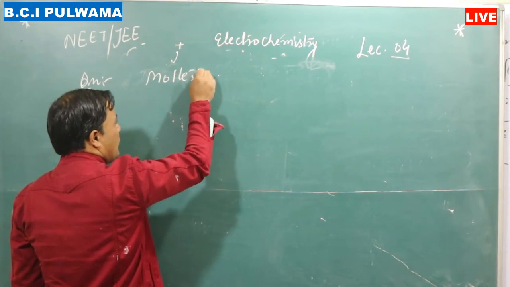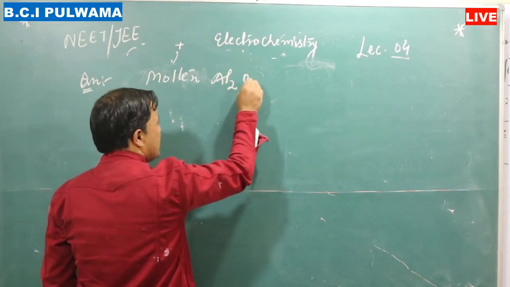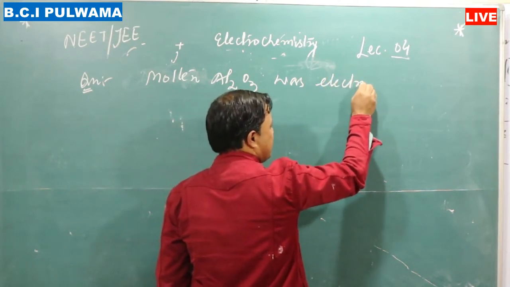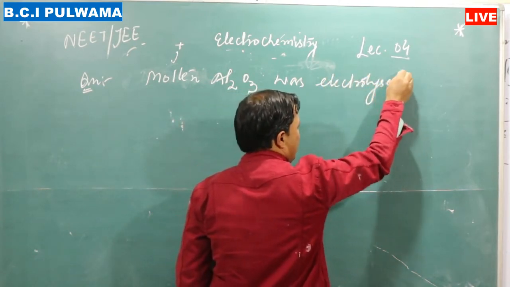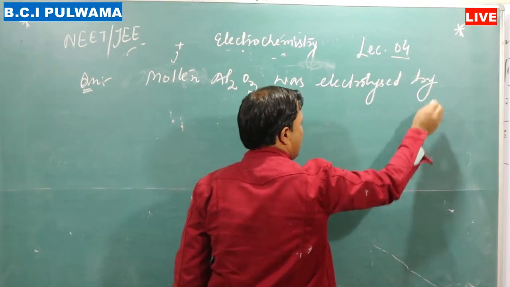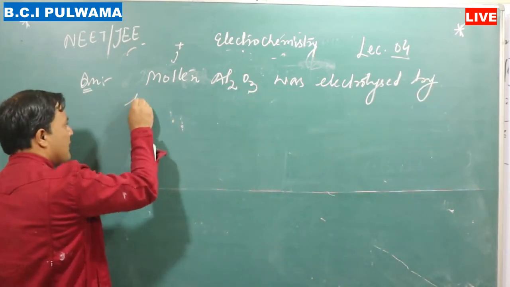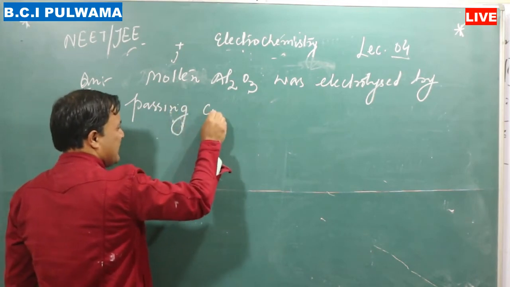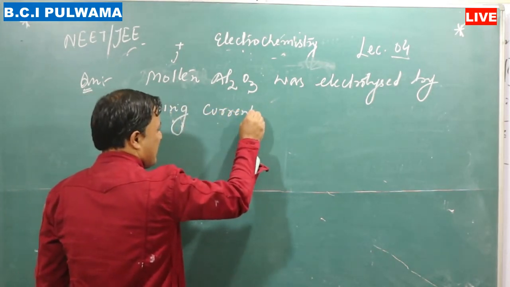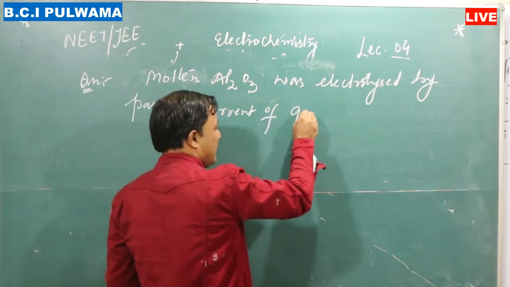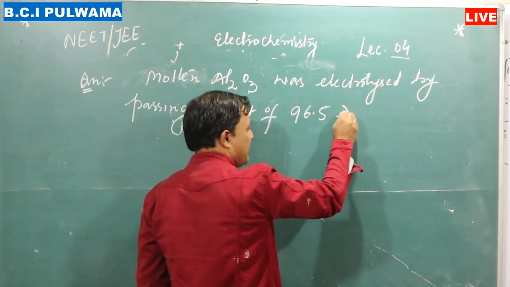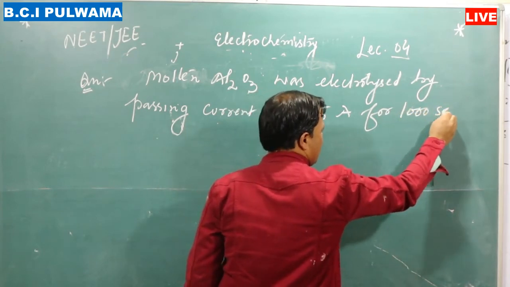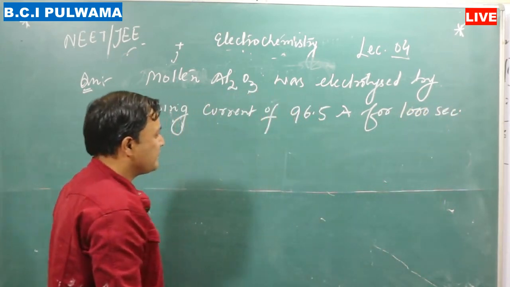Molten aluminum oxide was electrolyzed by passing a current of 96.5 amperes for 1000 seconds.